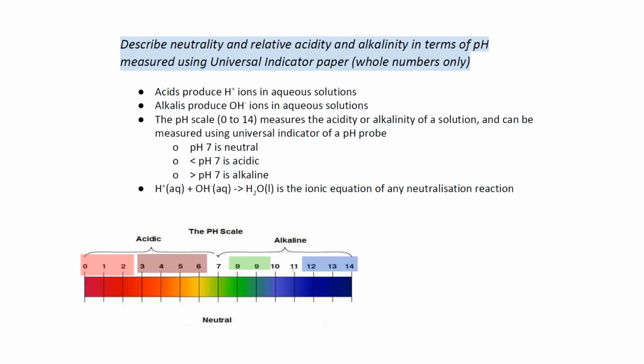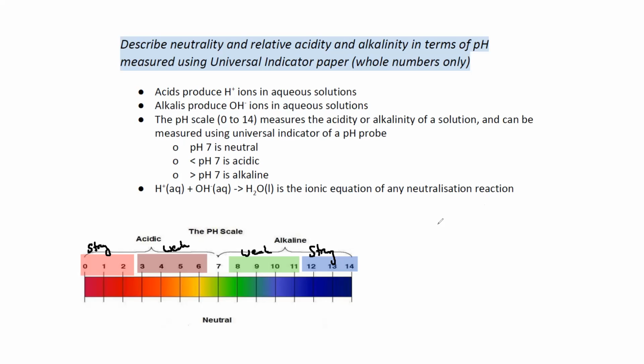From 8 to 11, these refer to alkali, which can be strong or weak. So if it is pH 12, 13, 14, it refers to strong. If pH 8, 9, 10, 11, that refers to weak. If pH 0, 1, 2, that is strong acid. And pH 3, 4, 5, 6, that refers to weak acid.